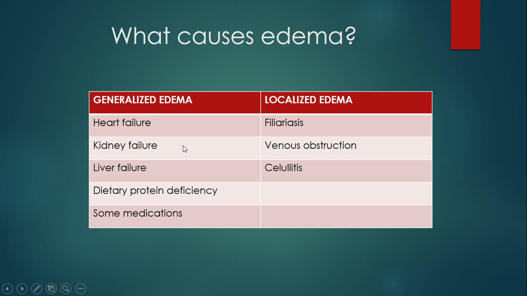You also know that the liver and kidneys are concerned with removing excretory products and excess water from the body. If they are not working well, the osmotic pressure increases in our blood, and it may lead to edema. A cause of localized edema could be filariasis.